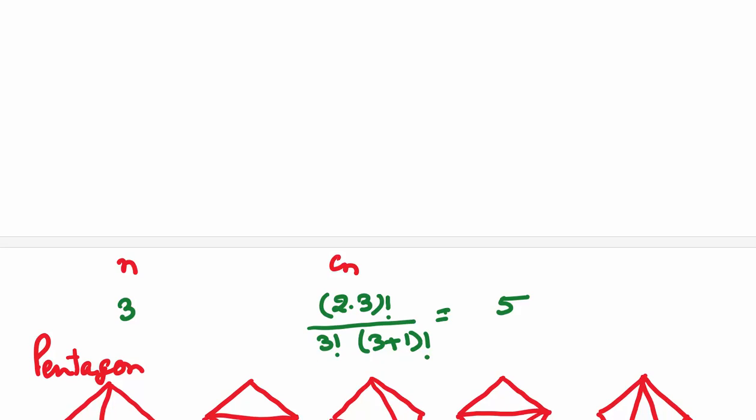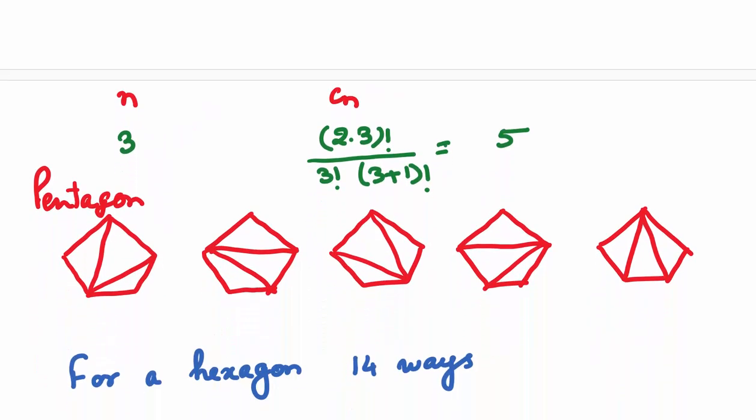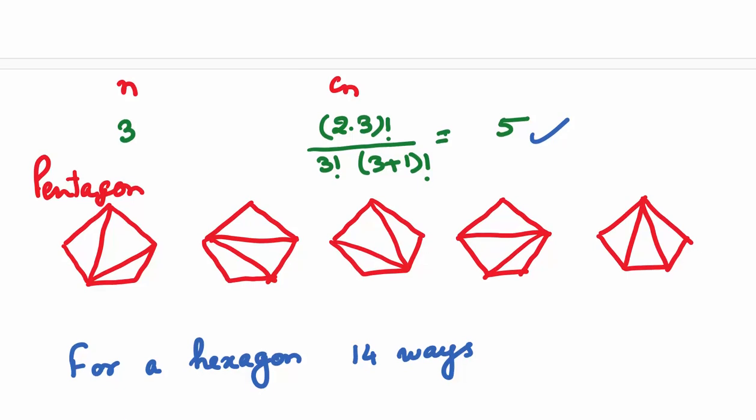Now let's take n to be 3. When n is equal to 3, you can see the formula gives us C3 is equal to 5, which means we have a pentagon. And for a pentagon, we have 5 ways in which the triangulation can be done. You can see each figure gives us one way, and there are two diagonals in each one of them.